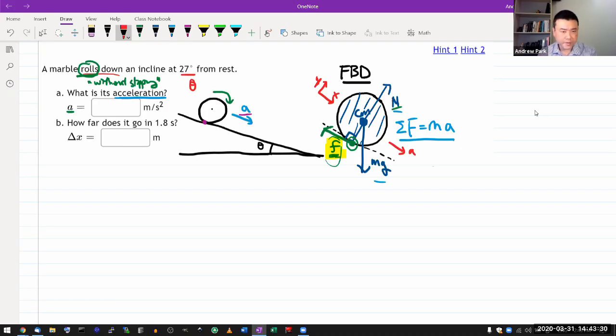Step number 3, I need to break down my forces into components. And the only force that needs to be broken down is the gravitational force. So there will be this component here, y component, mg cosine theta. I'm going through this a little bit quickly because we've done this so many times. I hope all this sounds familiar.